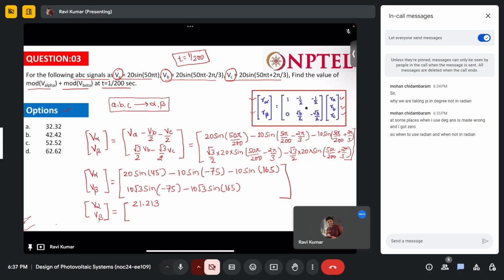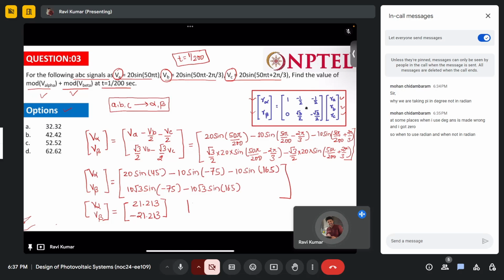For the beta side, sine minus 75 into 10 into root 3 minus 10 into root 3 into sine 165, and I am getting minus 21.213, and the question says the mode of alpha and mode of beta.